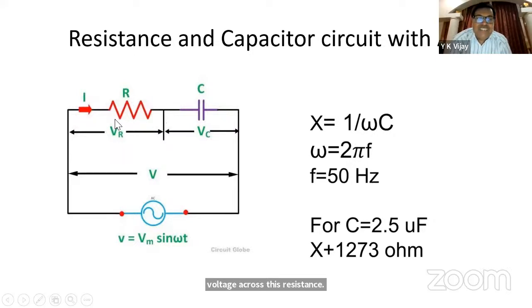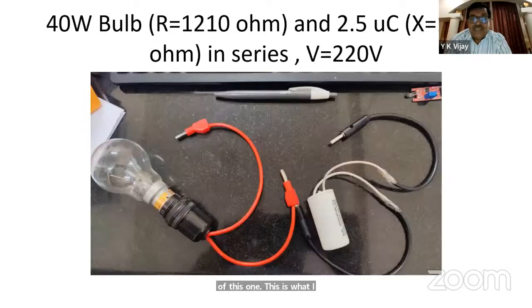The power is there only as V into I. This is a non-dissipative device, no ohmic loss is there. So we can only control the voltage. At different voltages, we can find out the resistance of this valve. This is what I wanted to share and demonstrate.